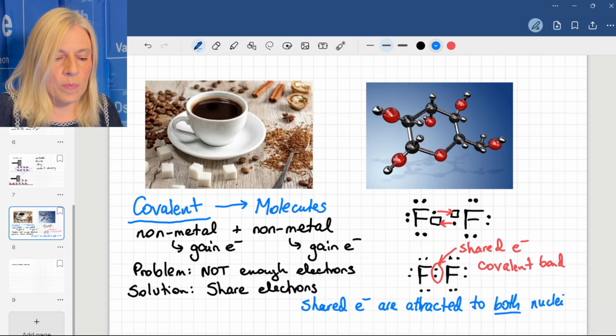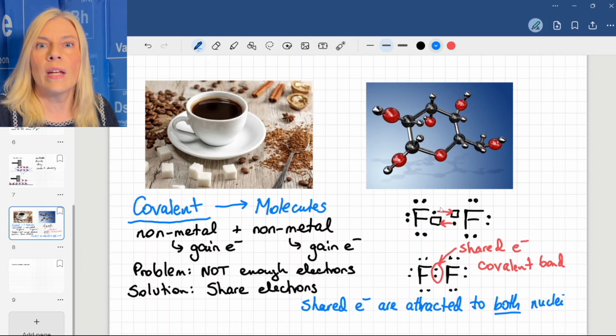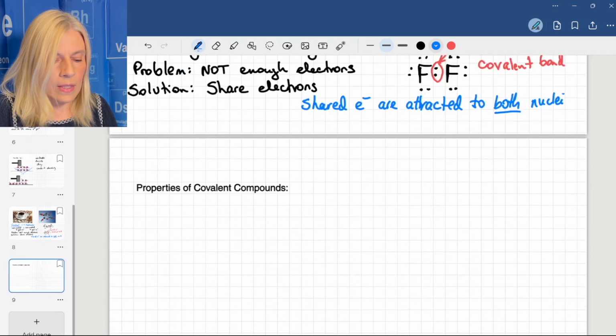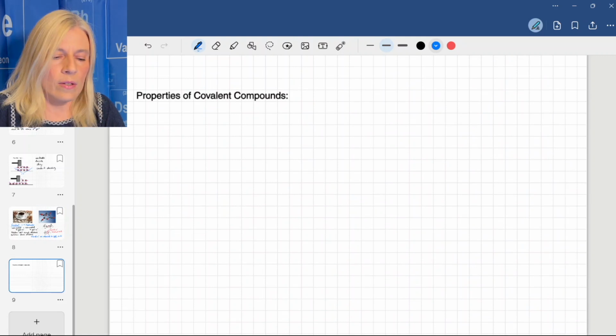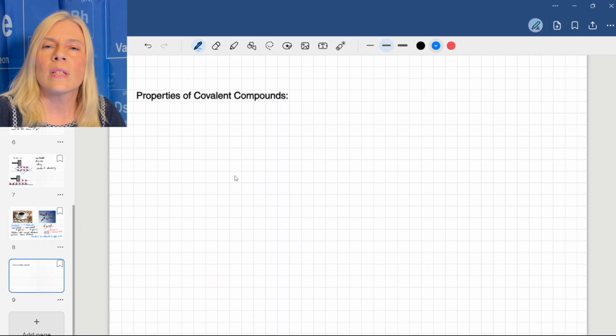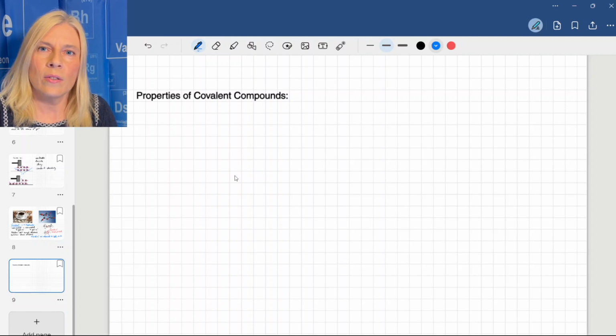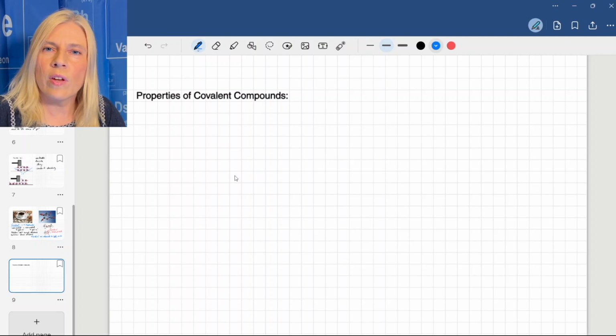Okay, let's explain some properties of our covalent compounds. It's these molecules that are held together. If we have sugar, we have many sugar molecules together. They're not held tightly.